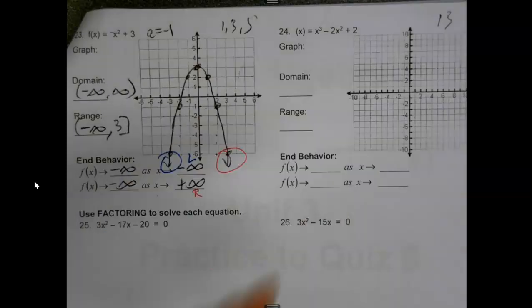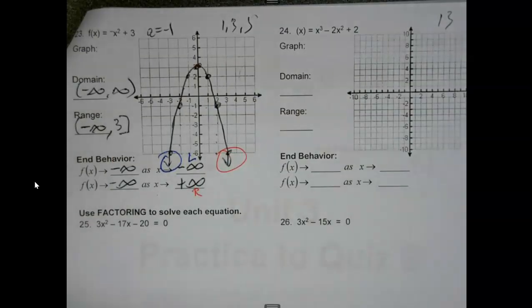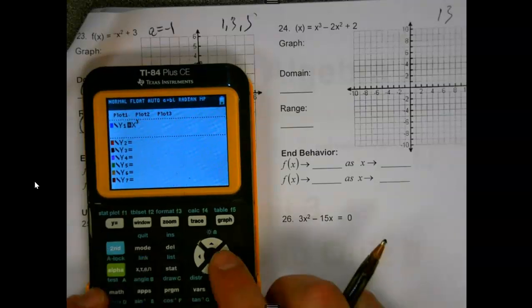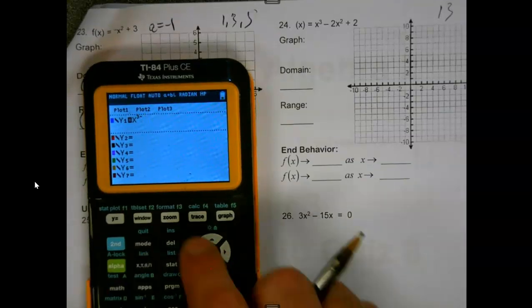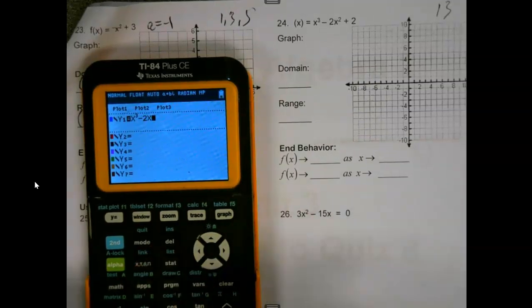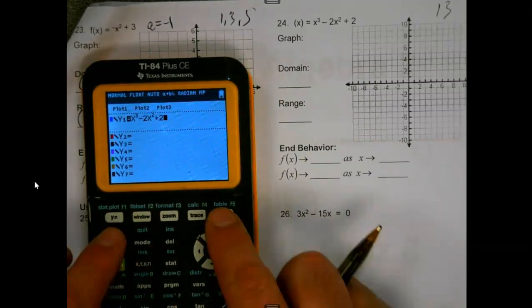Now, this one we may have to think a little bit. Well, it's x cubed. Now I'm just going to go to the calculator. We haven't played around with these enough yet to get cute. Arrow down. Okay.